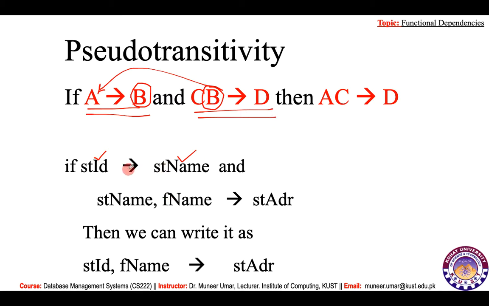Then according to these two, we can get a new functional dependency that would be student ID and father name determines student address. So here if you look into this, student name is actually replaced with this student ID, and here the A was replaced with B in the second case.